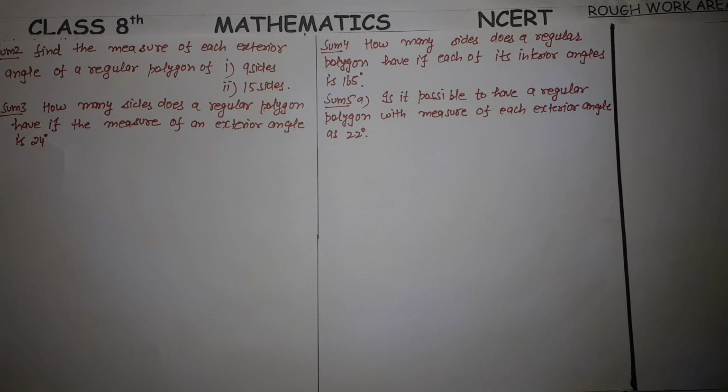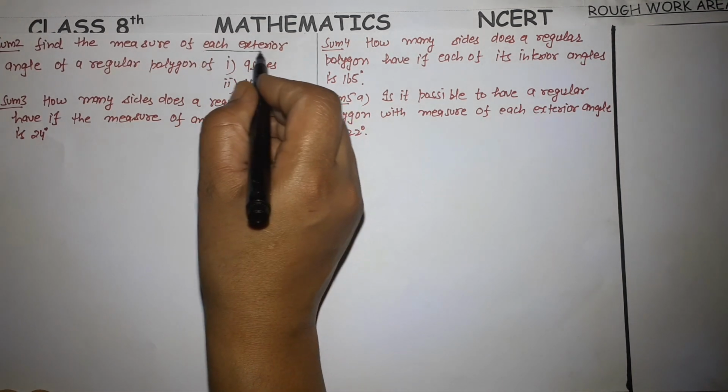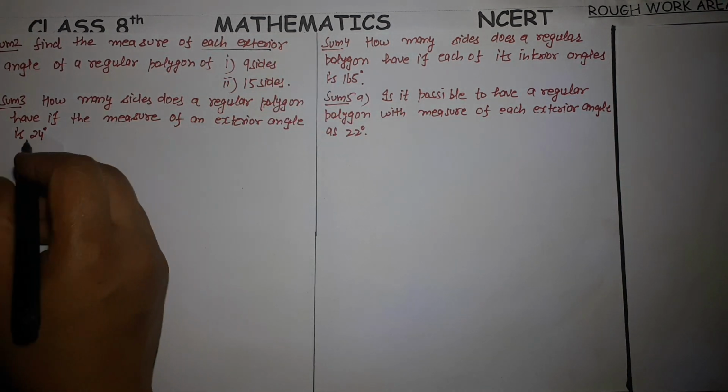Next, sum number 2. Find the measures of each exterior angle of a regular polygon of 9 sides. We have to find each exterior angle.